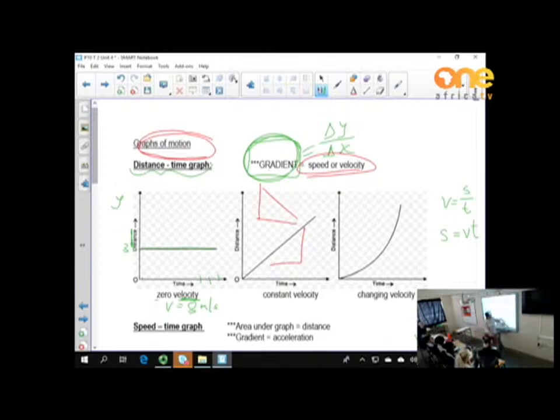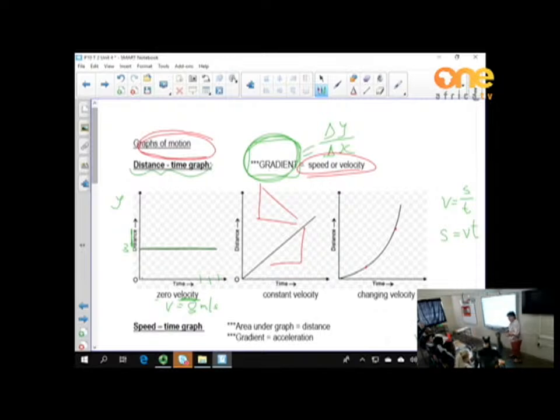Look at this one. Here we have instantaneous velocity because my speed is changing. Can you see at that instant of time and at that instant of time, if I worked out the gradient of the line at that point, now how do we do it? Now this is actually a higher level question. They won't expect you to work it out, but there is a way of doing it.